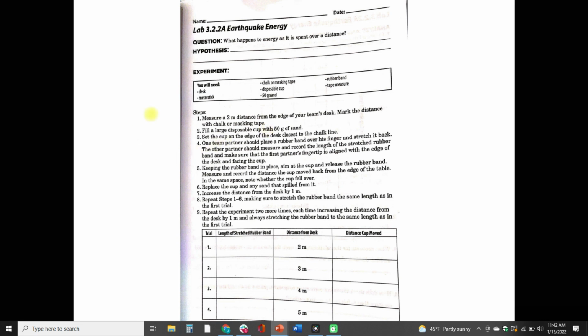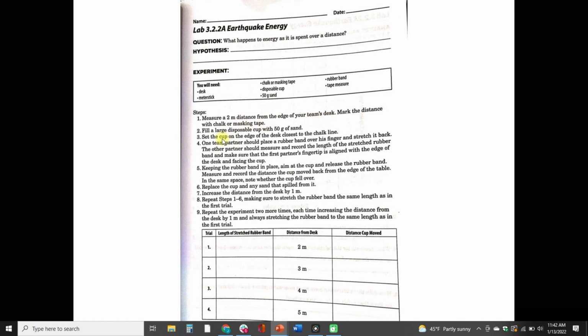Okay, so you're going to set the cup on the edge of the desk, as close as possible to the chalk line. I would put a piece of tape, or if you have carpet, just make sure you're measuring out 2 meters, which a meter is about a yard. So if you'd like to go 2 yards away, that's fine, from the edge of your table at home, and mark that with some masking tape so you can stand there.